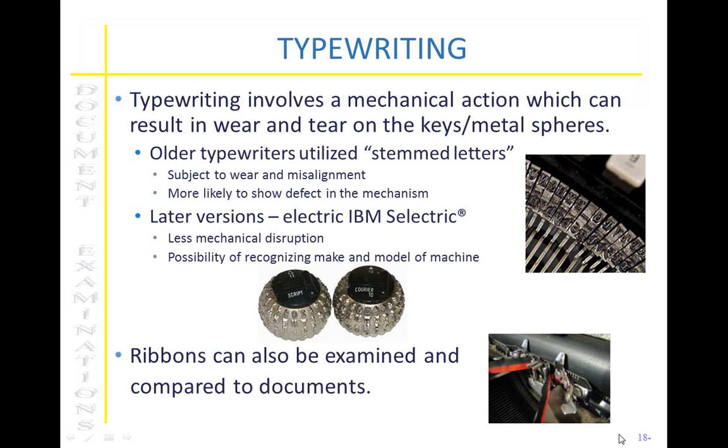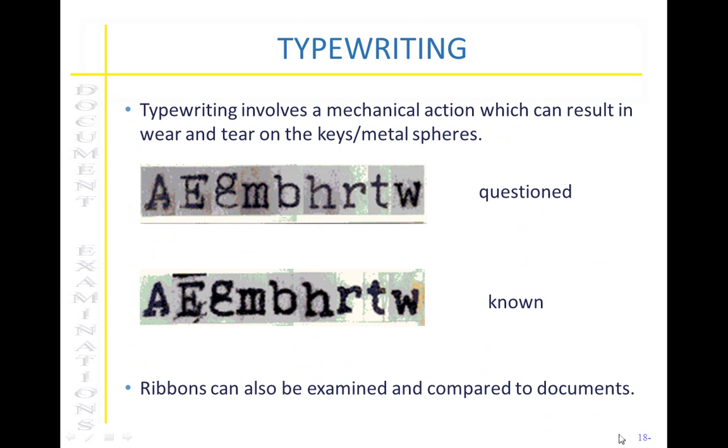In later versions of the typewriter, it was more of the metal spheres that actually contained the letters. So these are going to have a little bit less mechanical disruption. On typewriters, the ribbons can also be examined because they're going to be striking that ribbon before they're striking the document. So there's going to also be indentions in that ribbon that could be compared.